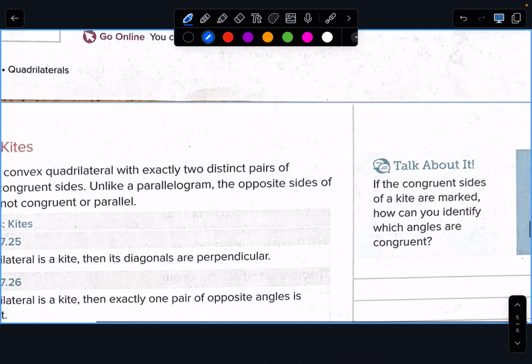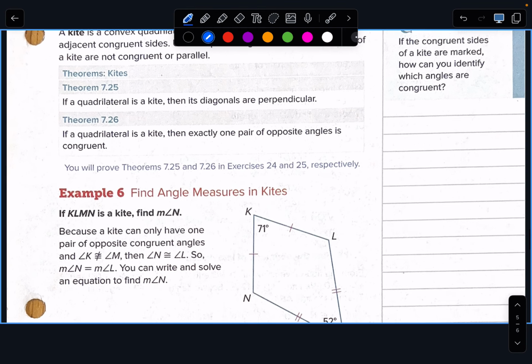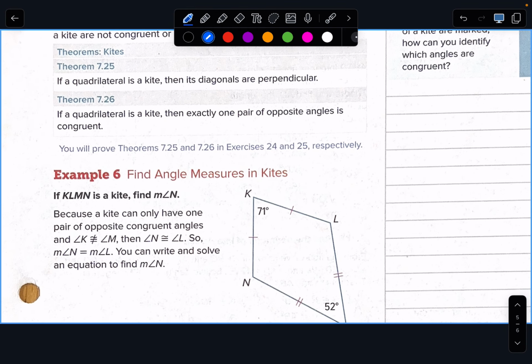All right. Let's talk about kites. Raise your hand if you've flown a kite before. I was flying a kite once and someone just flew their drone into it. I was always nervous that if I flew a kite when I was a little girl that I would blow away with it.